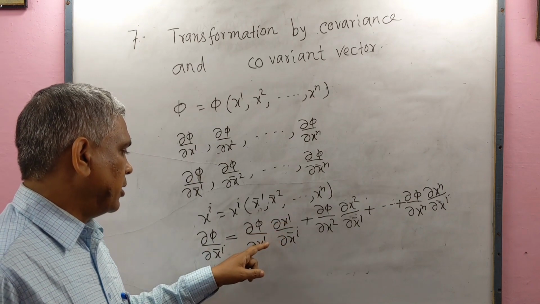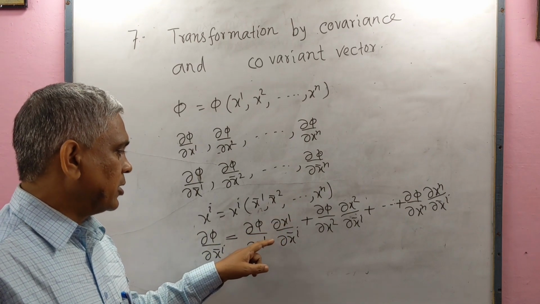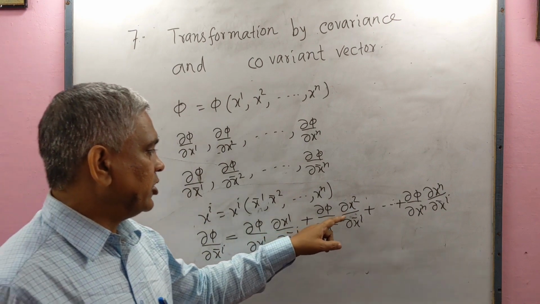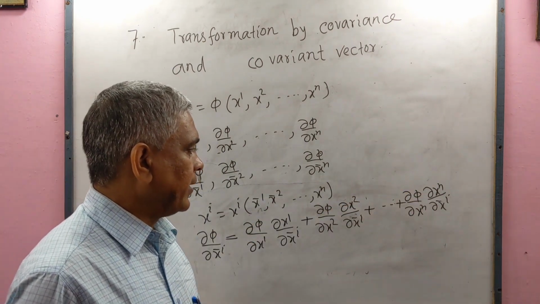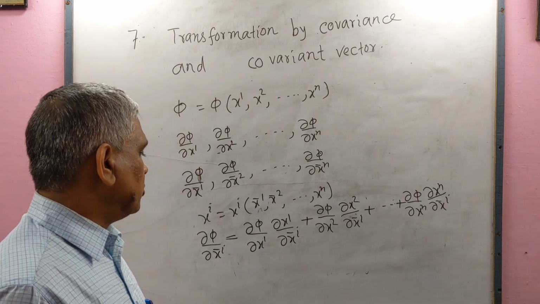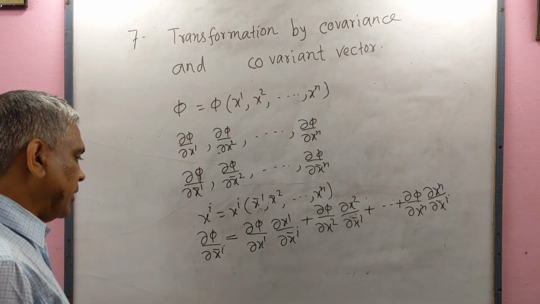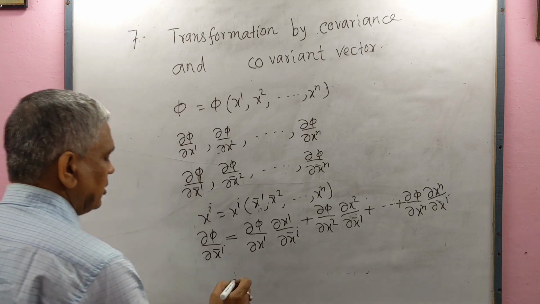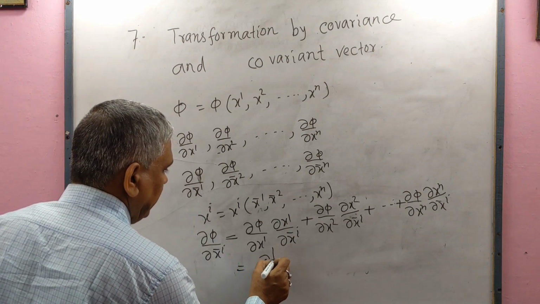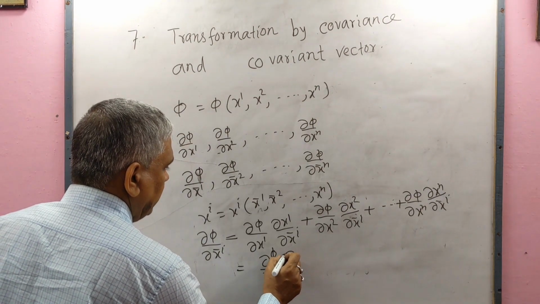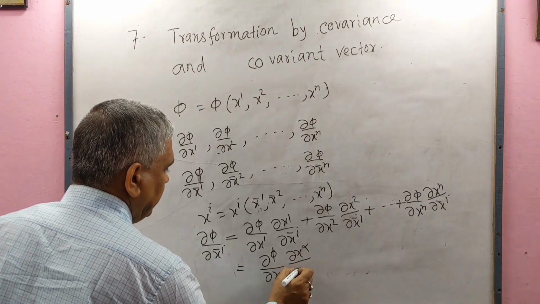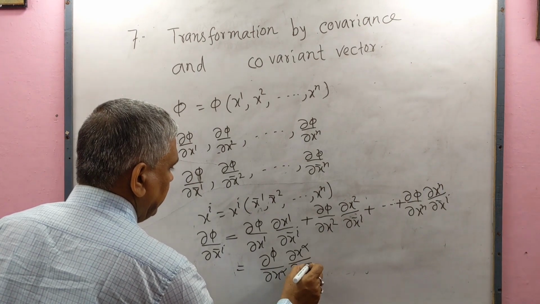Here we get that 1 is a repeated suffix in the first term, 2 is a repeated suffix in the second term, and similarly in the other terms. So this we may write, with a dummy suffix, as del phi by del x alpha times del x alpha by del x bar i.